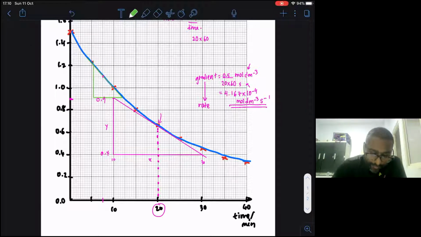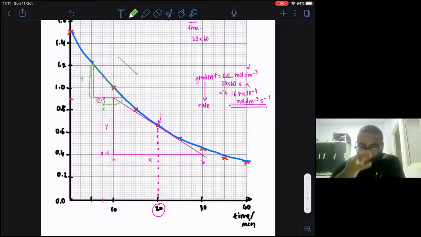You can find what this is, and what this is. If this is y and this is x, you will be able to find the gradient. Since this gradient goes to the left hand side, more towards this side, this one is a negative gradient. You can put the negative over there.